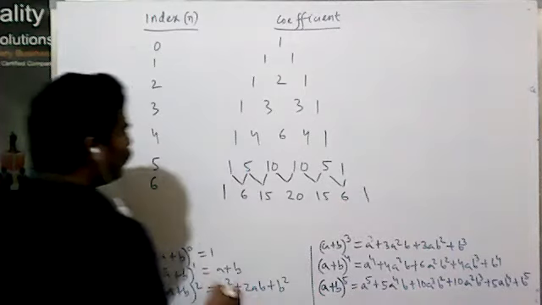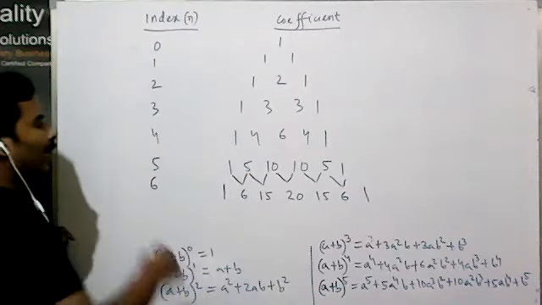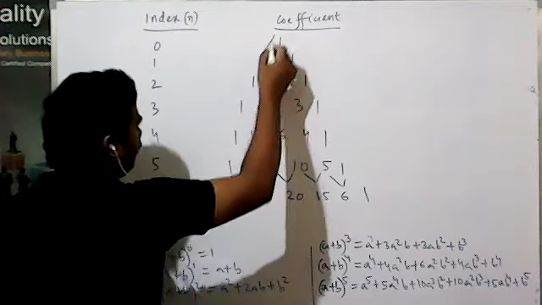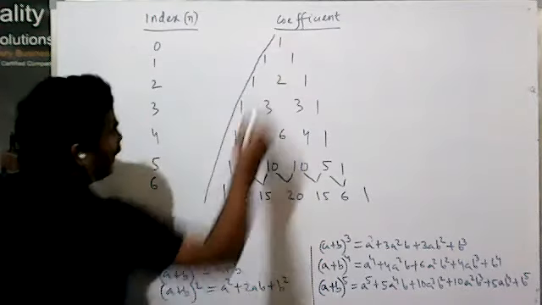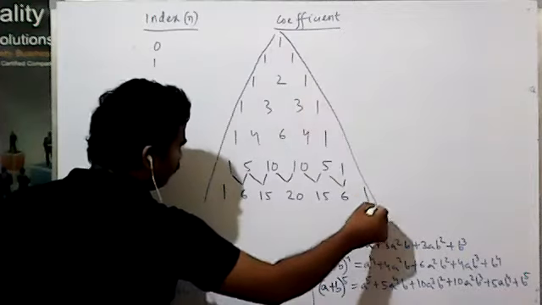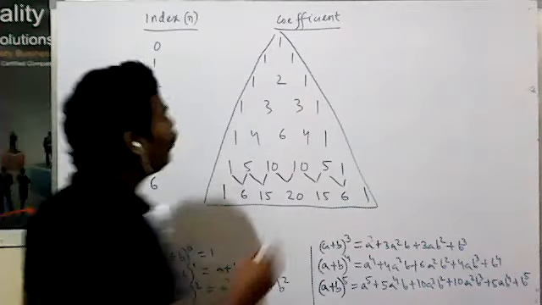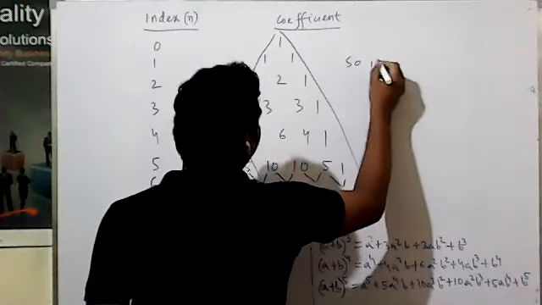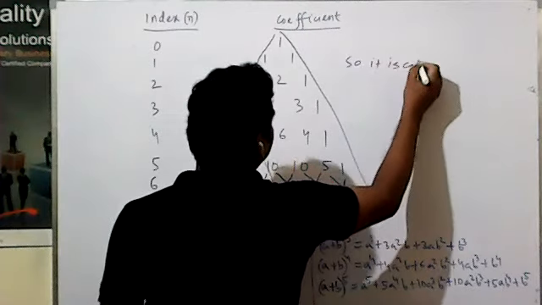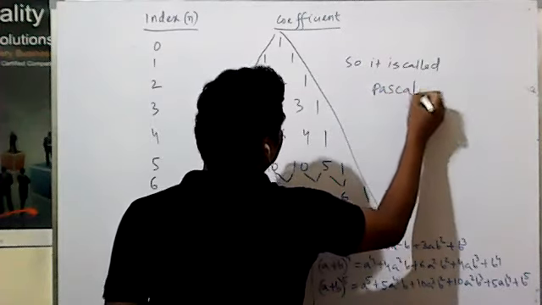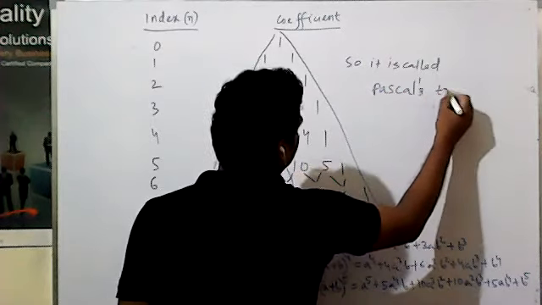In this way we can find the coefficient values for any other index. It forms a triangle, so it is called Pascal's triangle.